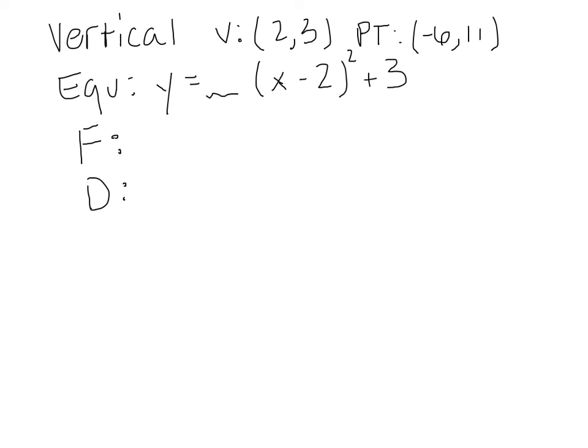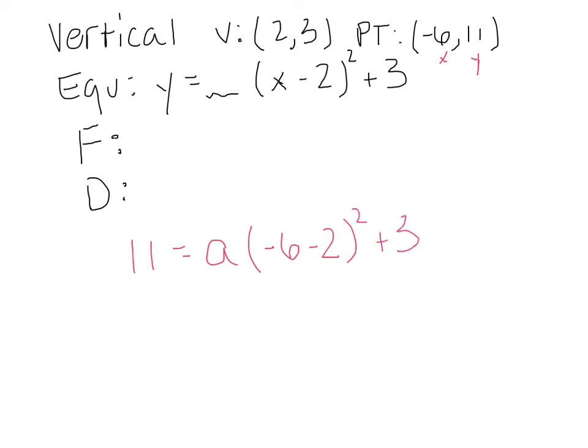So we want to think about that information that the point gives us. It's a point, an ordered pair, which means it gives us a clue about the value of x and the value of y. So looking at our equation, we have a place to put x and we have a place to put y. I'm going to use that equation to figure out what a is. So we have 11 equals a, because I don't know what that is, times x, -6, minus h squared, plus k.